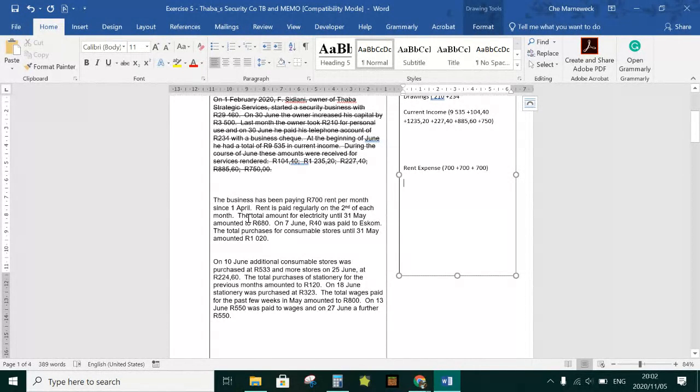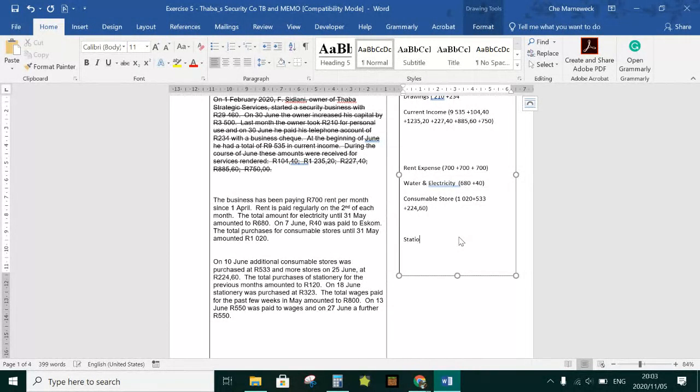Total for electricity is 680. What do we call that account in accounting? Water and electricity. So we've paid 680 in May for electricity. The 7th of June, 40 Rand was paid to Eskom. Eskom is for electricity. And the total purchases for consumable stores is 1020, and purchased 533 and 224,60.